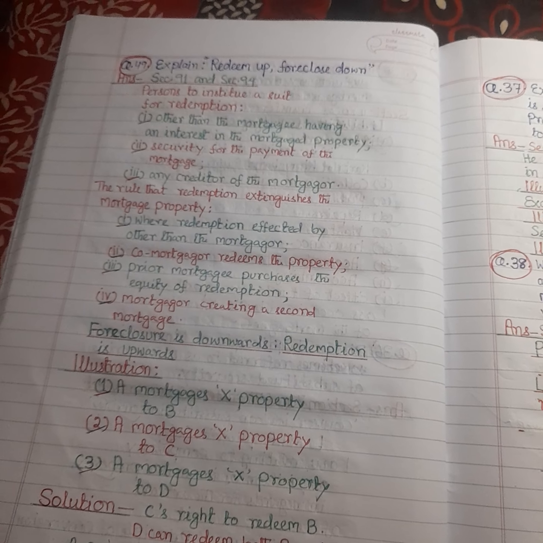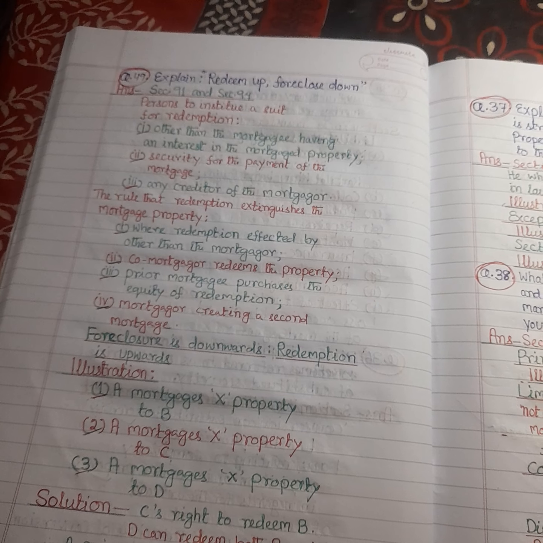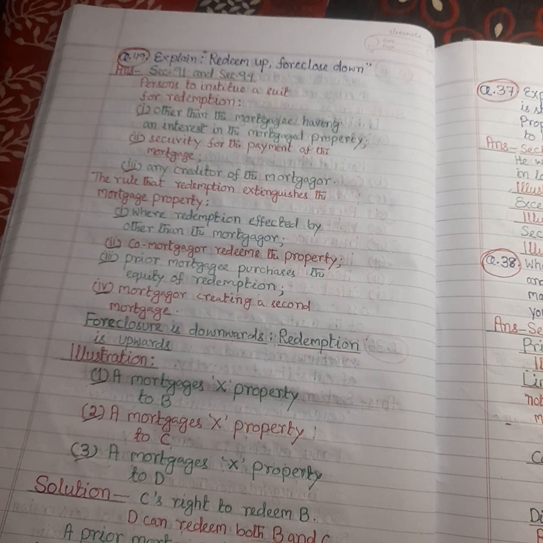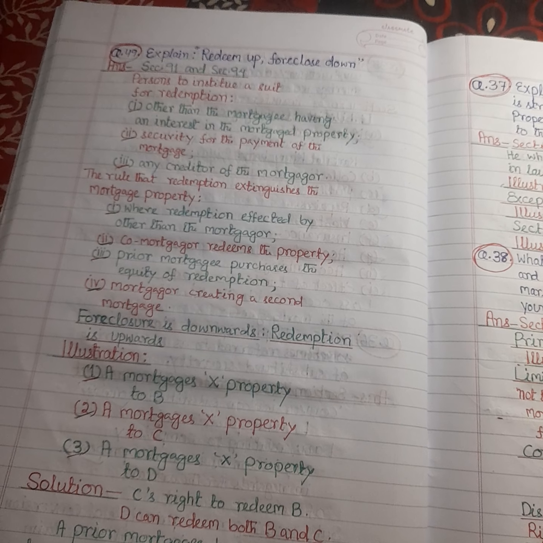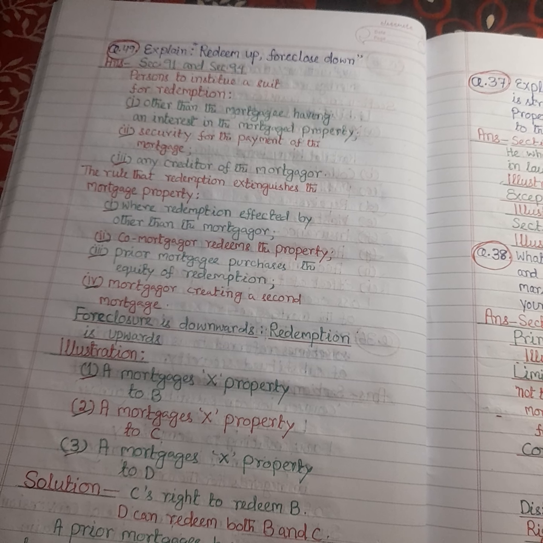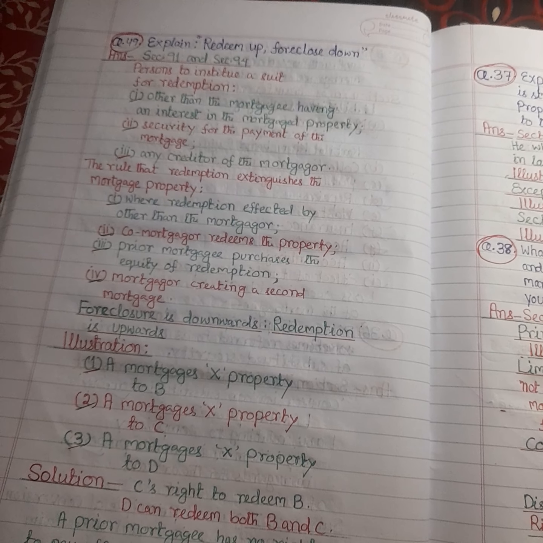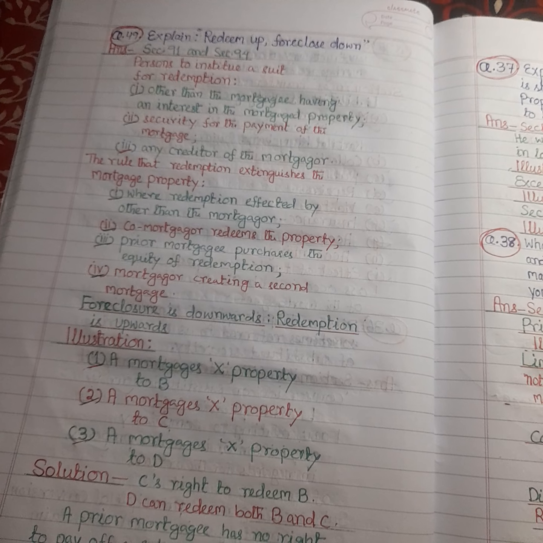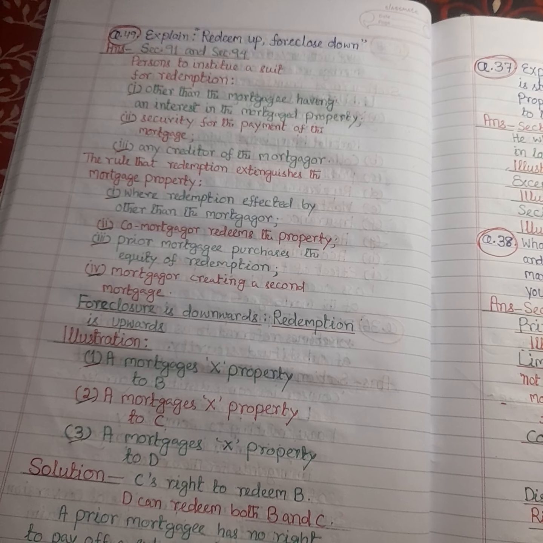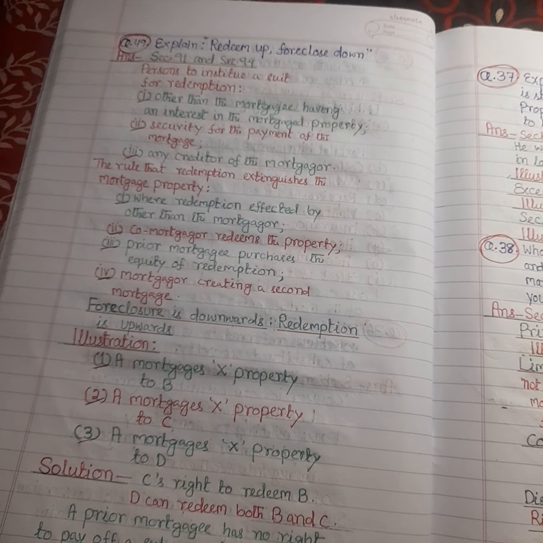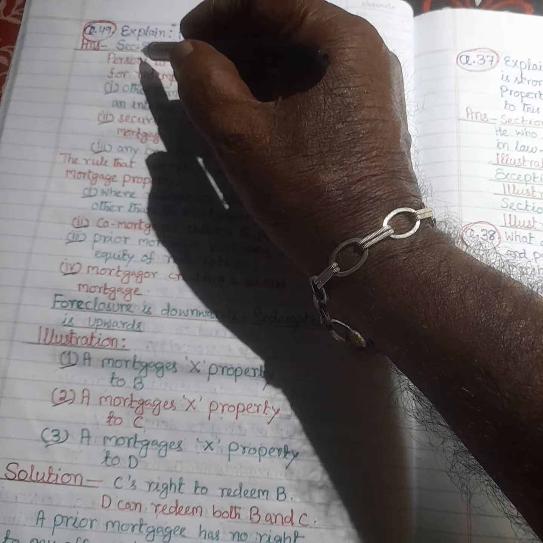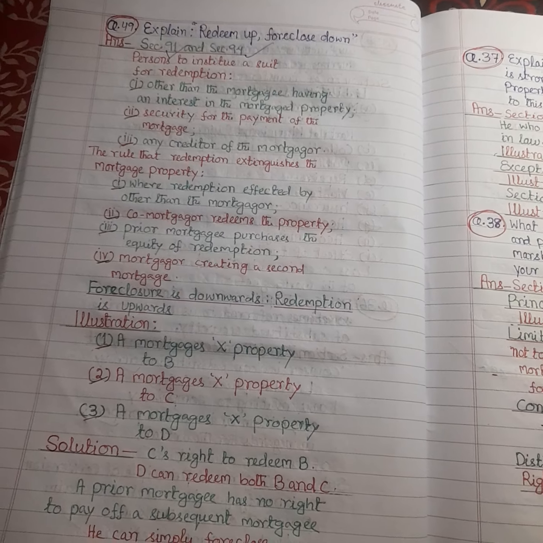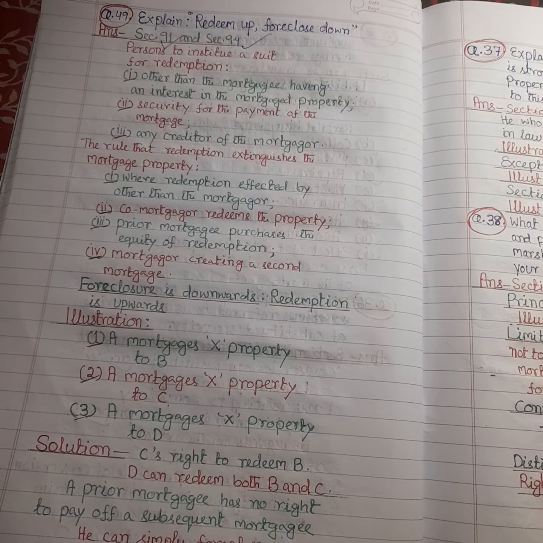Now we'll discuss question number 49, which asks: explain "redeem up, foreclose down." To answer it, we have to examine the provisions of Section 91 and Section 94 of the Transfer of Property Act.